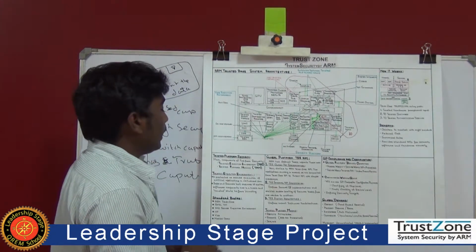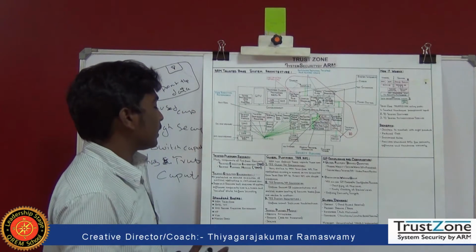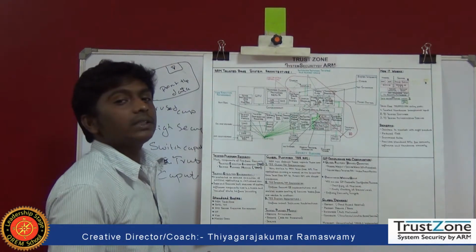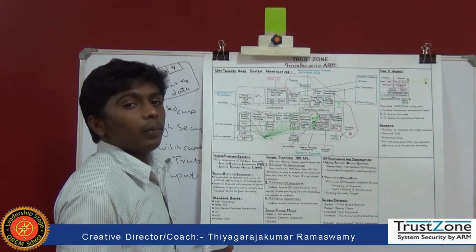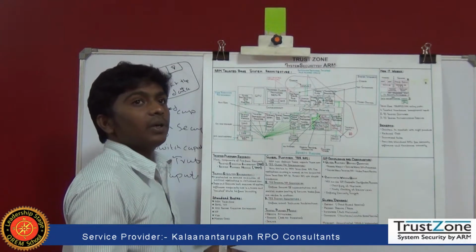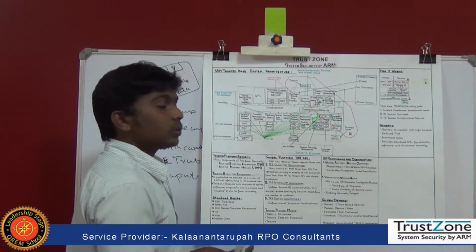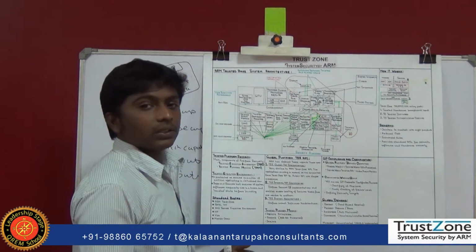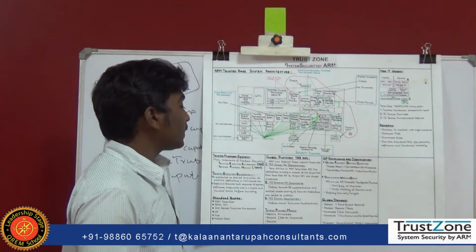And coming to TE, that is a trusted execution environment. It is a device builder based on the requirement. It is built using Trustzone ready software and the combination of Trustzone technology hardware.